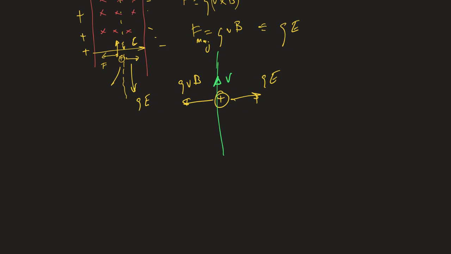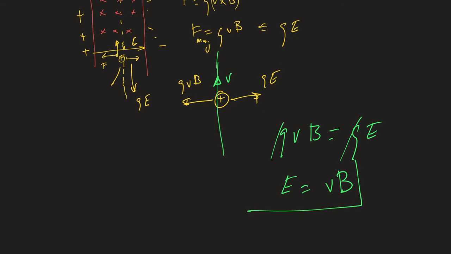In this case, the condition is that QvB equals Q by E. So the condition is that the electrical field should be v by B. And this is the selector. You select electrical field and magnetic field in a way that v will not be deflected if the relation between E and B takes place like this.